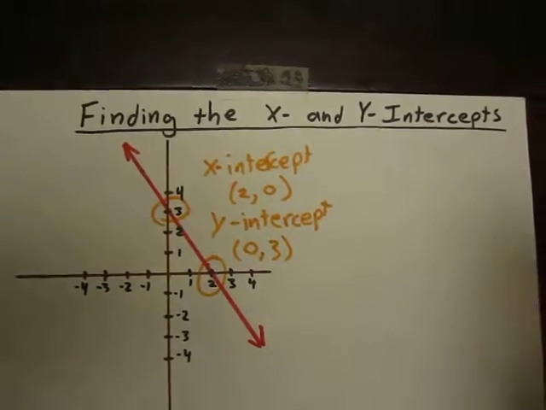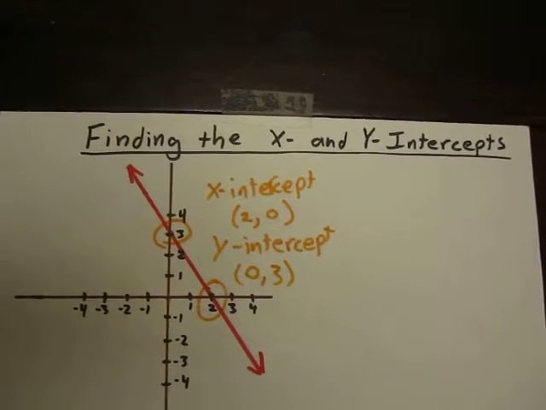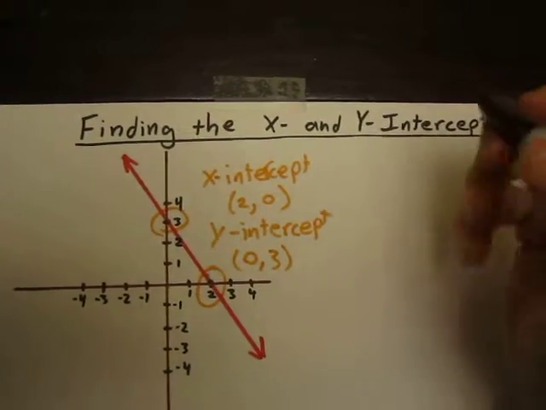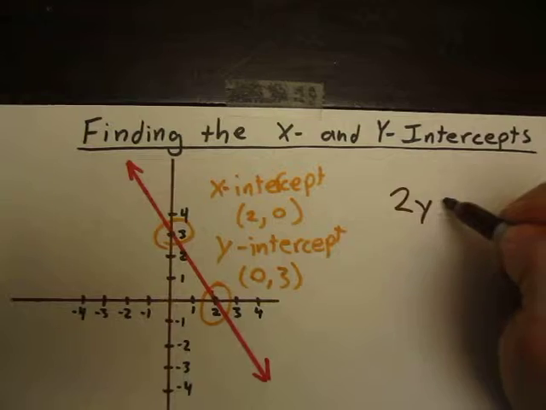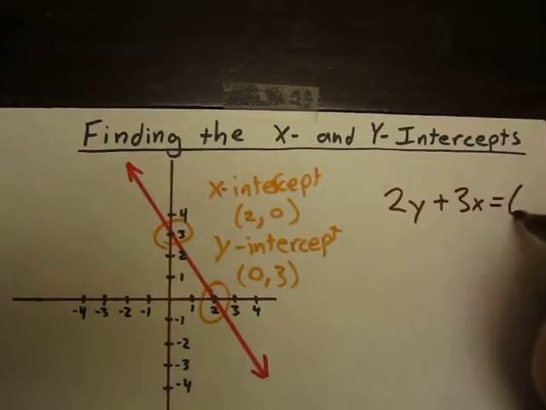Now, let's talk about if we were given the equation of this line instead. The equation for this line is 2y plus 3x equals 6.